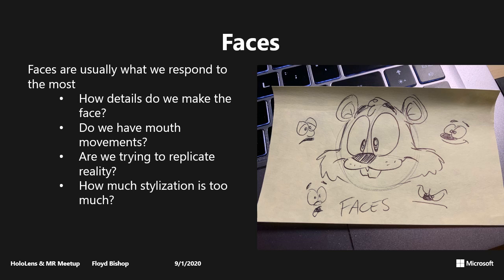How detailed do we make the face? Well, you're going to want to make sure that the face has eyes that can look around if that's important. Do you have mouth movements? How is the mouth going to move? Are you trying to replicate reality? Are you going to take the time to make some kind of really nice skin shader that reacts well to the light?